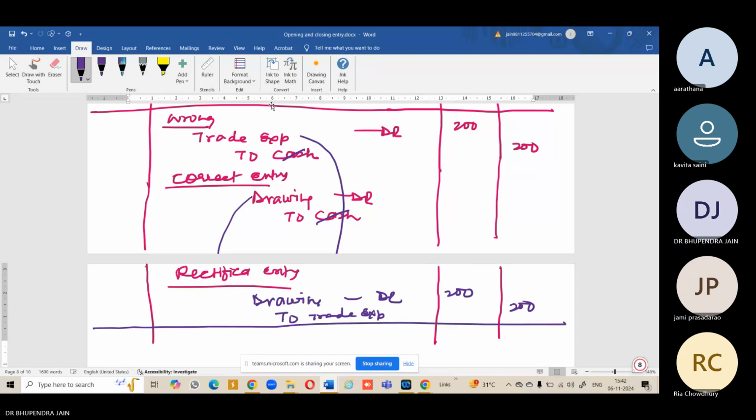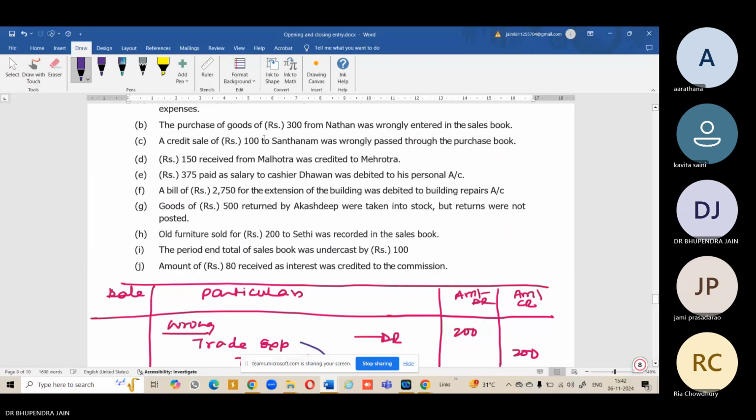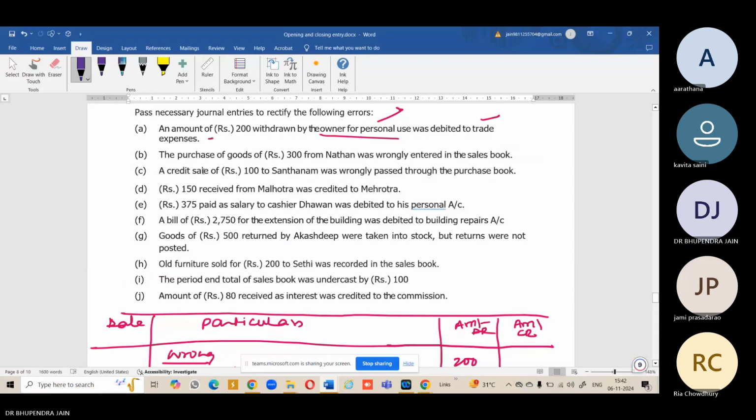Next. The purchase of goods for rupees 300 from Nathan was wrongly entered in the sales book. Purchase of goods for rupees 300 from Nathan. So the correct entry is purchase account debit to Nathan, but we passed the entry Nathan account debit to sales, wrongly entered into the sales book.